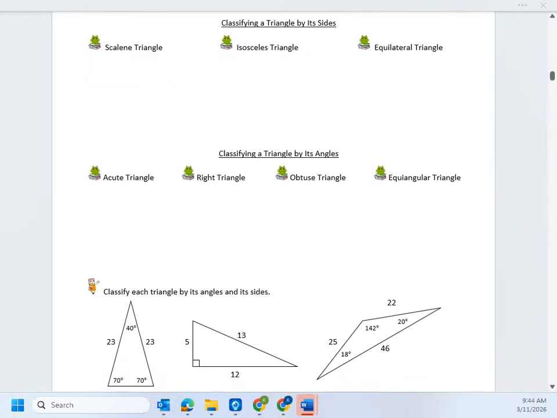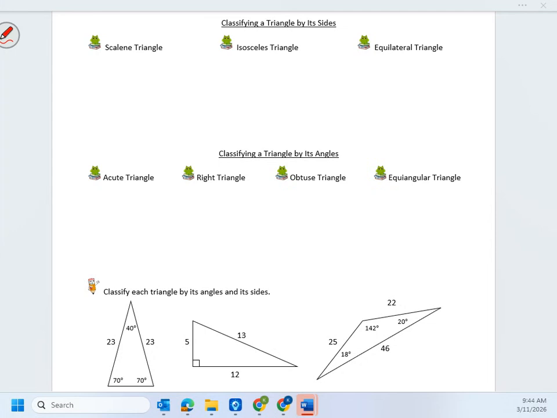So our first type is classifying a triangle by its sides. Does anybody know from previous classes what a scalene triangle is? Think you know, Rhoda? With one side bigger than the other two, or one angle bigger than the other two? It's a good guess. That is not right. What's your guess, Presley?